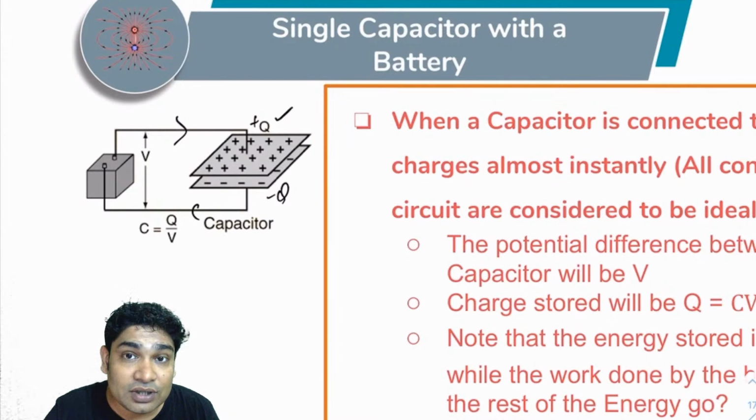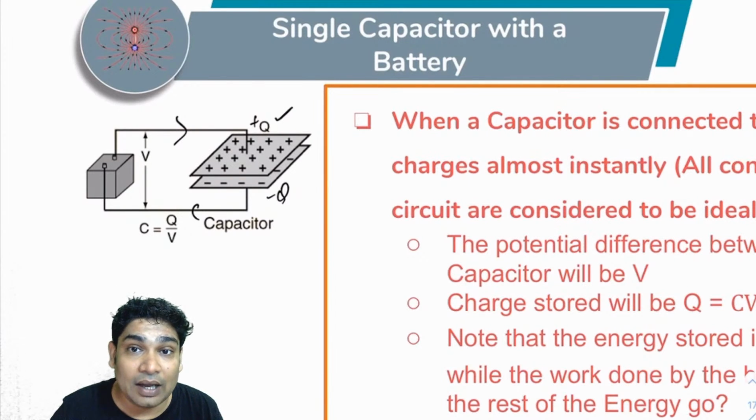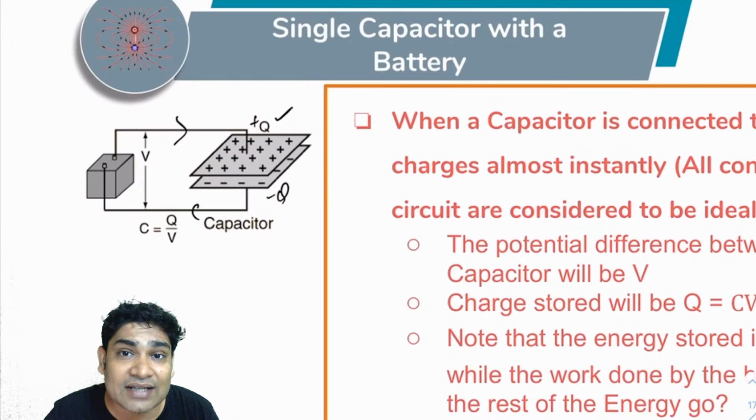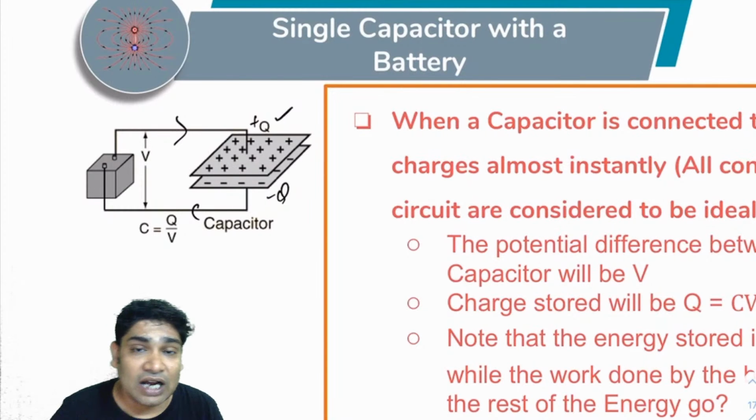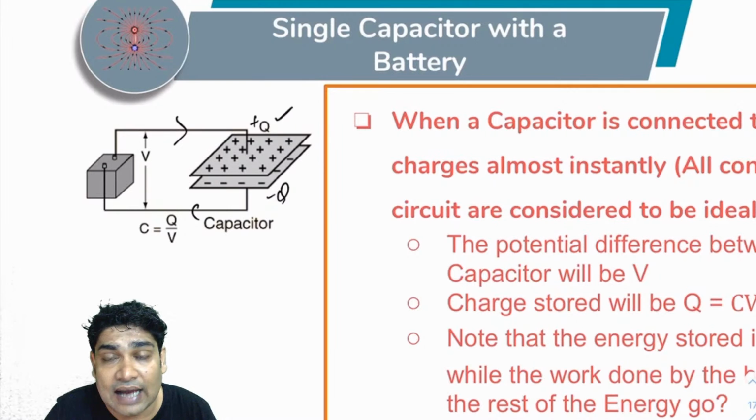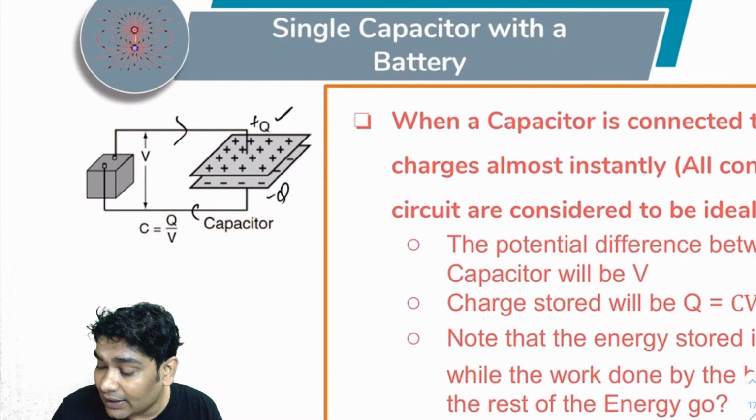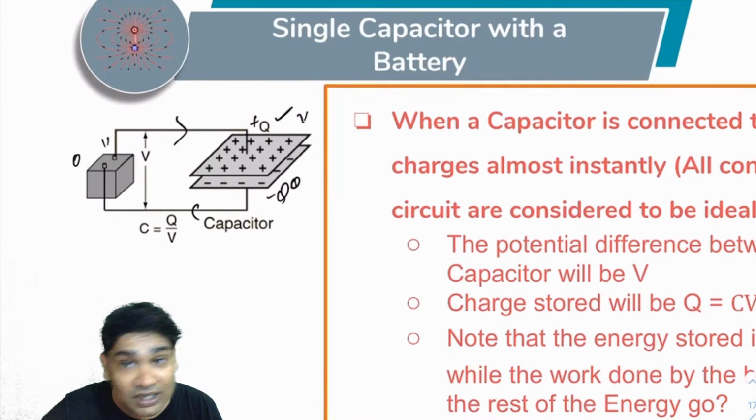In this ideal situation, no connecting wires have any resistance. So of course the charge flow would be immediate. There is no hindrance, and the moment I connect these two, this plate will instantly come to a potential V, which is the potential of the battery, and this plate will instantly come to a potential of 0. So the potential difference gets established instantly, and instantly the plates of the capacitor acquire these charges Q.